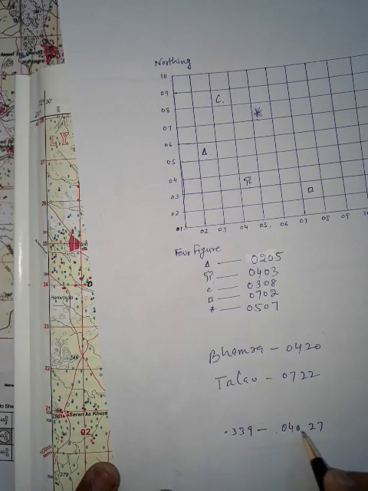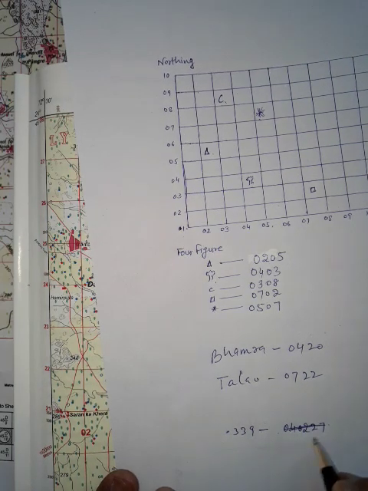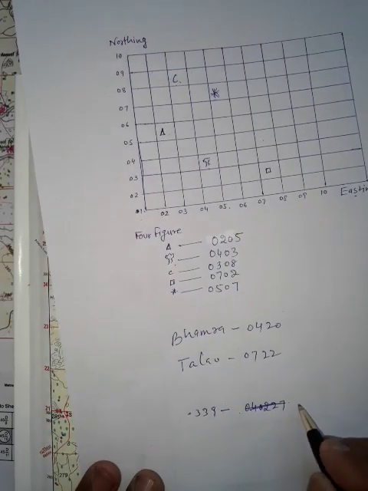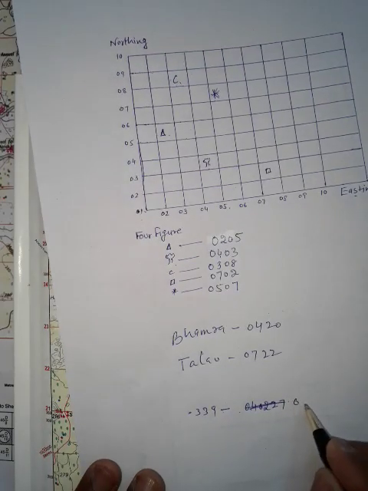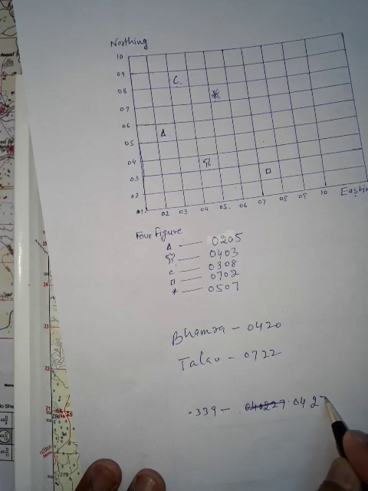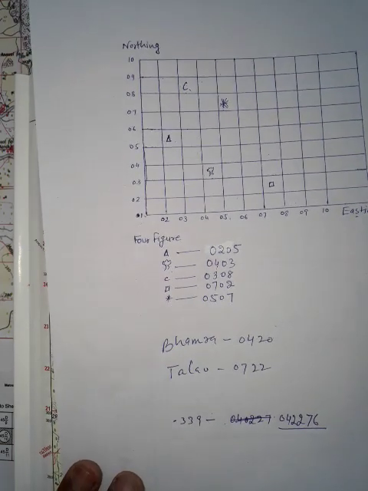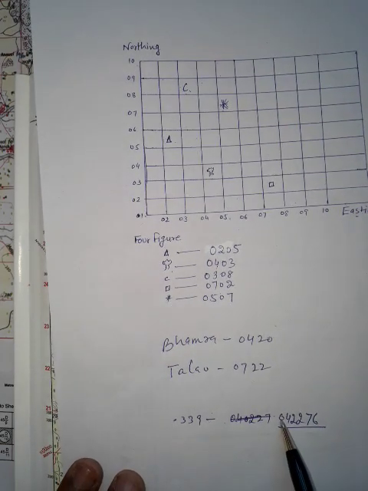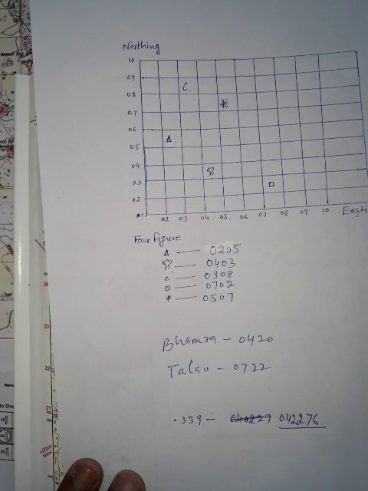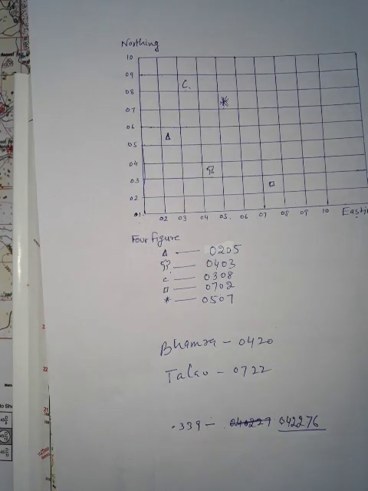We will write down only 6, like first the 4-figure 4, 27, then 2 and 6. Now this will be the 6-figure grid reference, because 6 numbers are given here: 1, 2, 3, 4, 5, 6. Class, this is clear.